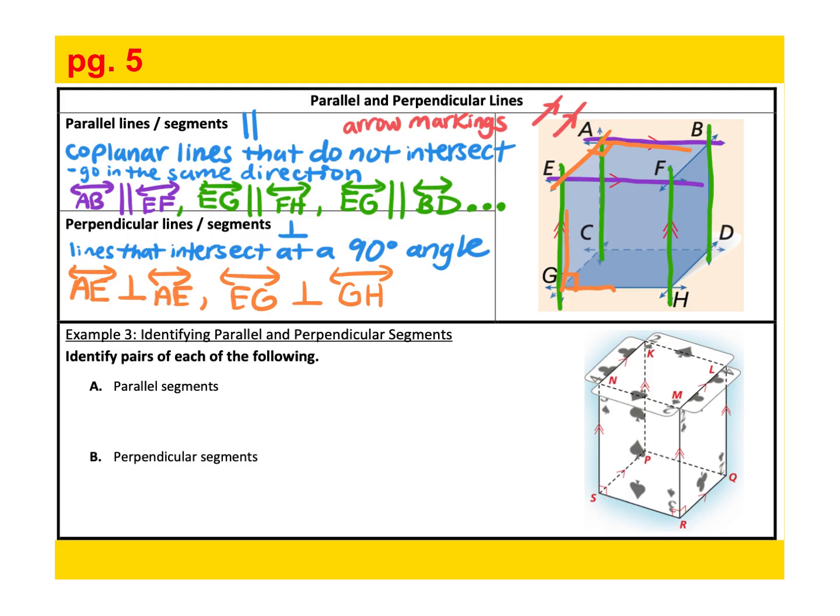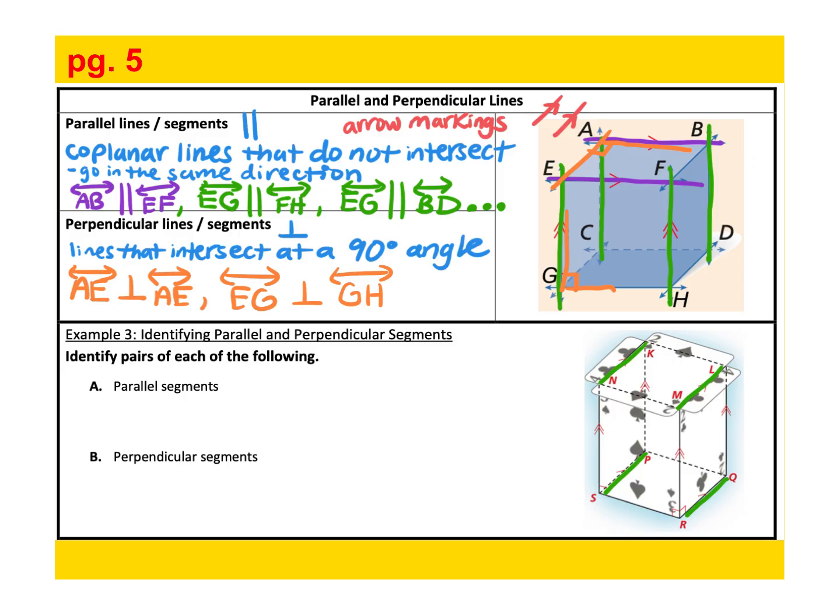So now let's practice identifying some pairs of each of the following. For parallel segments, I'm going to look for segments that do not intersect and that are going in the same direction. You can also see the arrow markings to indicate parallel. So you'll notice that all 4 of these sides going this direction have arrow markings. So I could pick any pair of those lines.